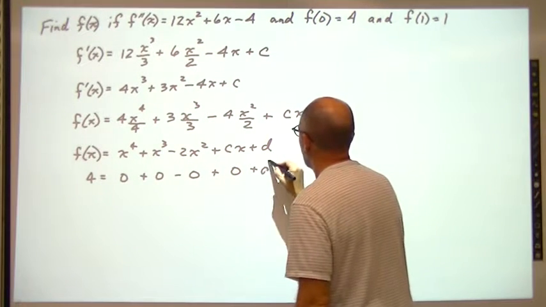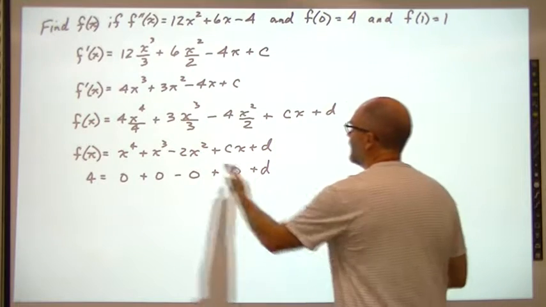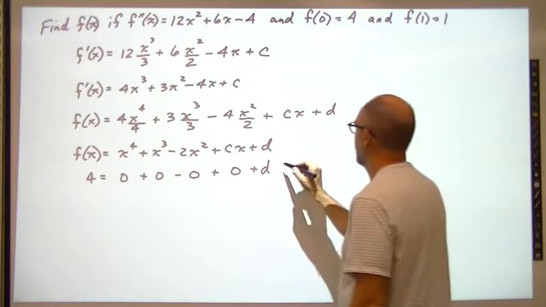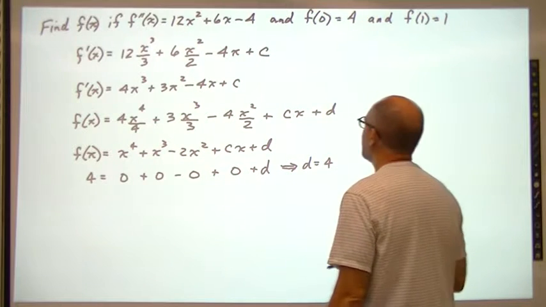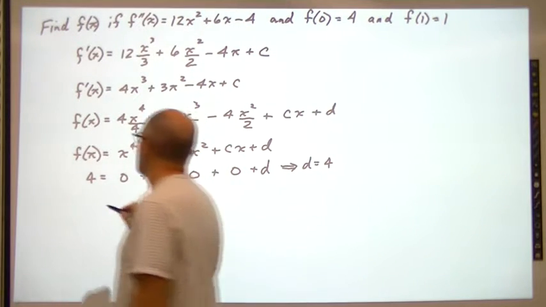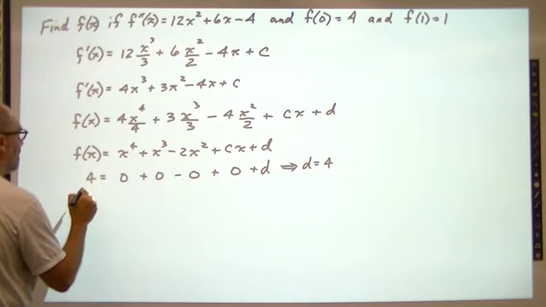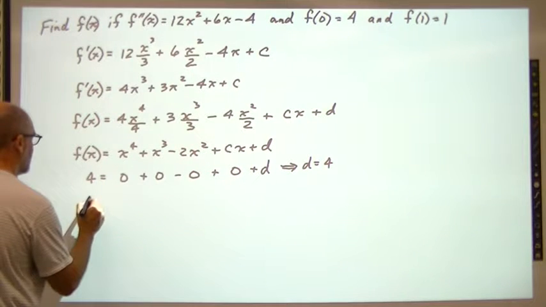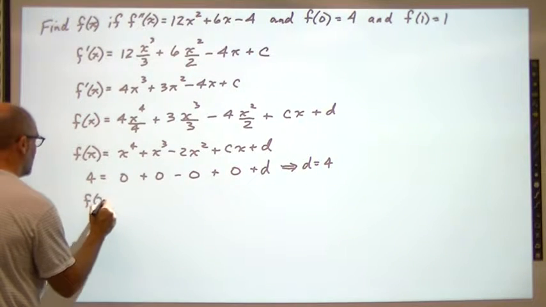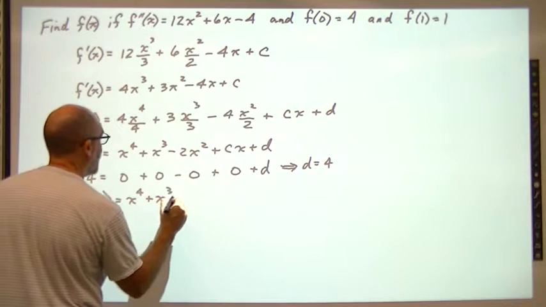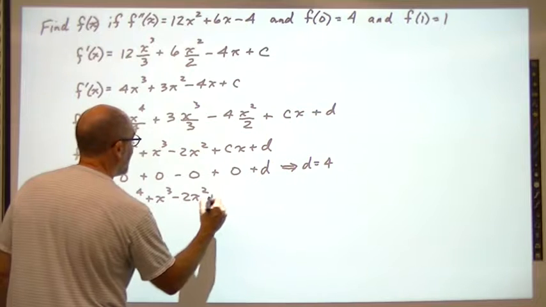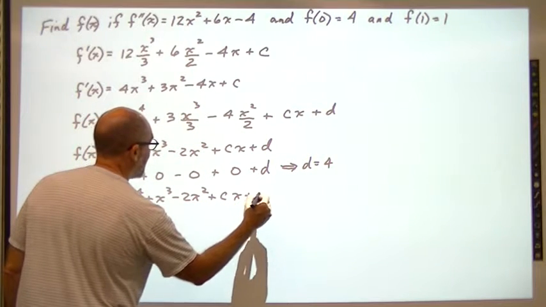Okay. So what's that tell us? Well, d equals 4. All right, so really then, our function, we can write it f of x equals x to the fourth plus x cubed minus 2x squared plus cx plus 4.